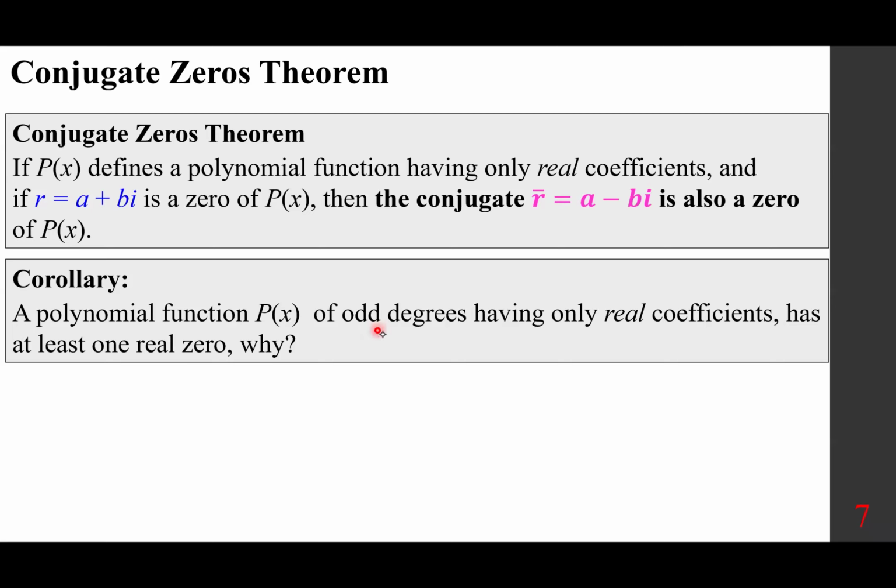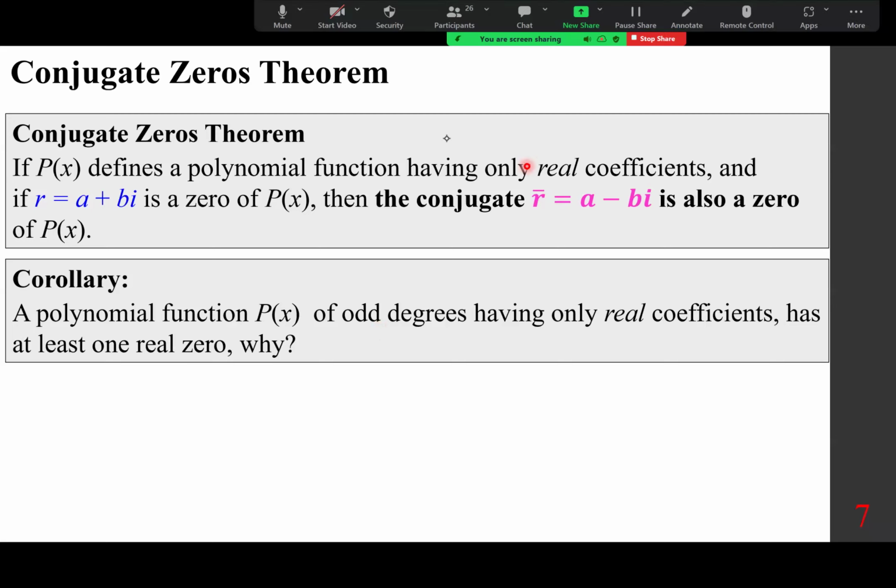But if it's odd and they happen in pairs, then at least one will be a real zero. So the reasoning is that complex conjugate zeros happen in pairs.